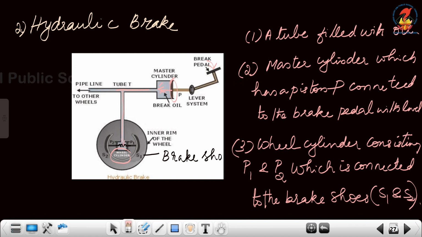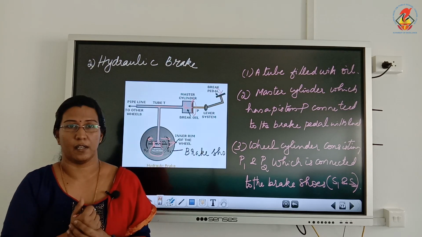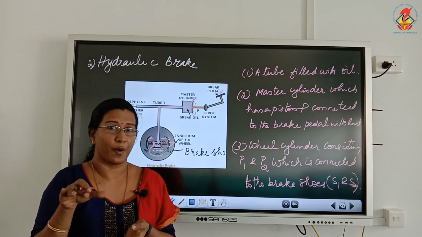When this pressure reaches the wheel cylinder, the two pistons P2 and P1 will move outward, they will get separated. And the brake shoes, which are connected to the pistons, will go and touch the rim of the wheel, which prevents or retards the motion of the vehicle. This is how the brake acts.